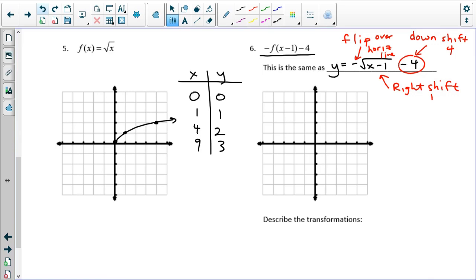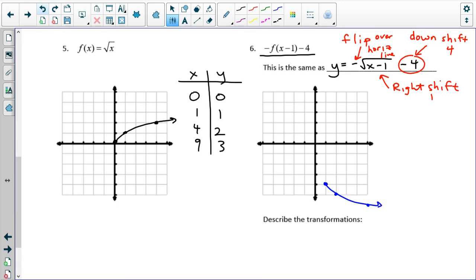So if I just take a look at what's happening, I'm assuming there's a right shift of 1 and a down shift of 4. And then instead of this graph moving up, I would assume it moves down. So it would look something like this.